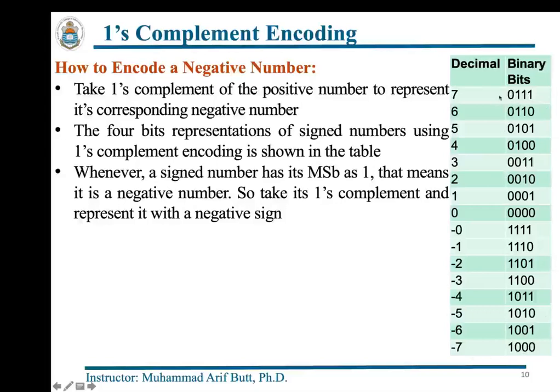So if you want to represent a number as a negative number, you just take its ones complement. This table shows the 4-bit representation of signed numbers using ones complement encoding. And whenever you see that you have 1 in the most significant bit in case of ones complement as well, you are sure that this is a negative number, and you take its ones complement and use a negative sign with it.